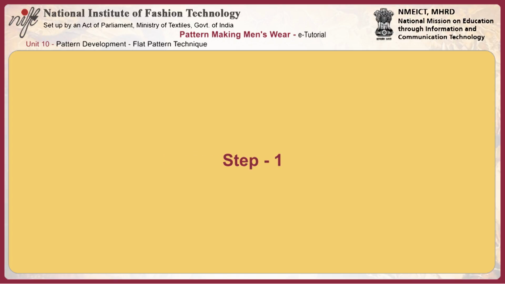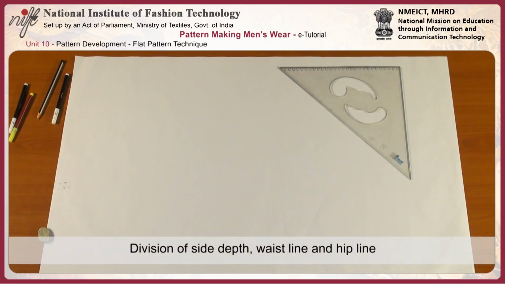The first step will be the division of side depth, waistline and hip line. That will be the total length of the torso block.